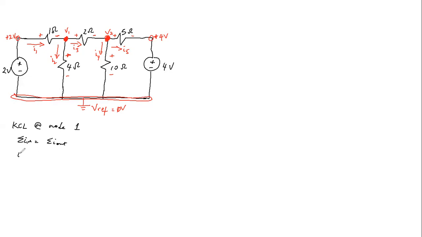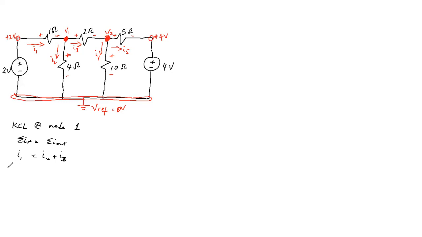So I1 flows in, then I2 and I3 flow out: I1 equals I2 plus I3. The next point is to express these currents in terms of the node voltages, so we use Ohm's law. By Ohm's law, I1 is 2 volts minus V1, because V1 is negative with respect to the 2 volts.